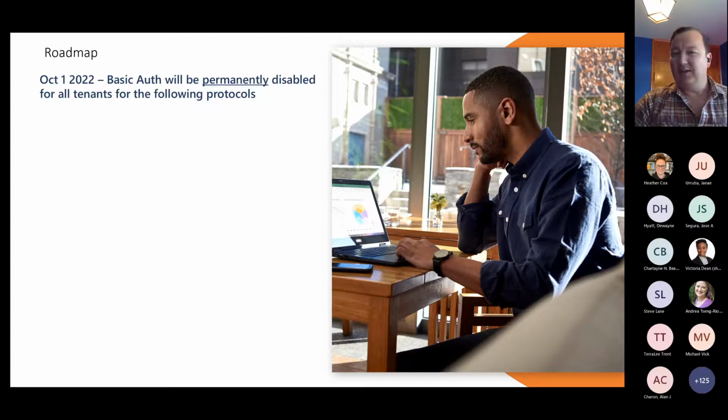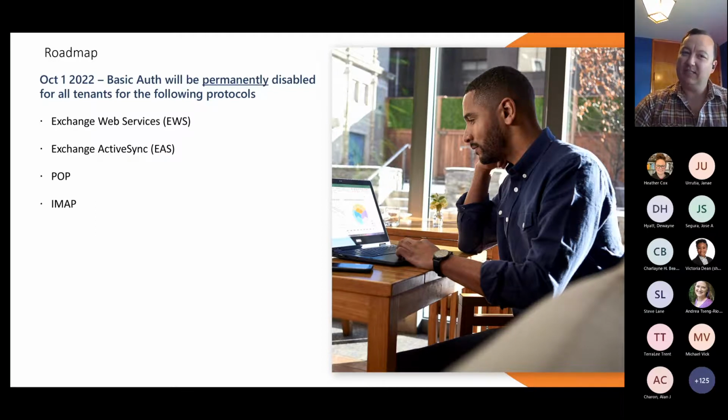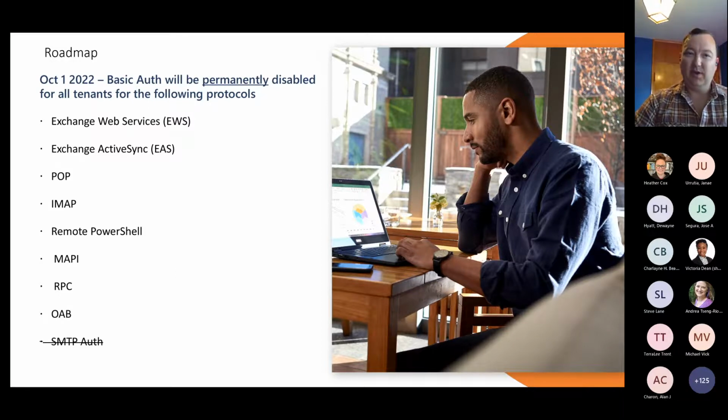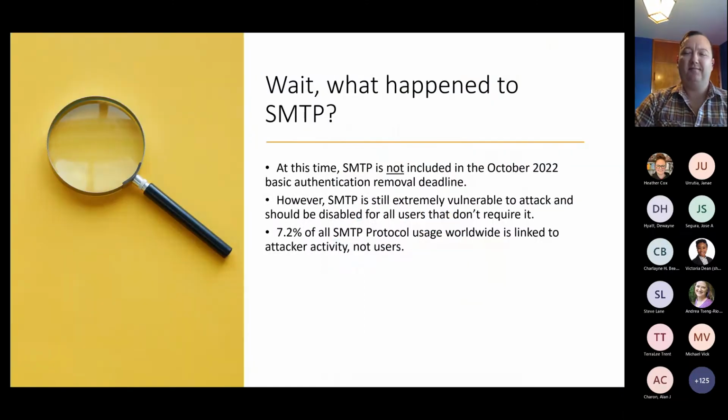Now, that year obviously didn't go the way we thought it would, but we have since come back out and reaffirmed that we're going to be disabling basic auth for pretty much all of the protocols that support it. So EWS, POP, IMAP. You'll notice I put SMTP on there, but then I crossed it off.